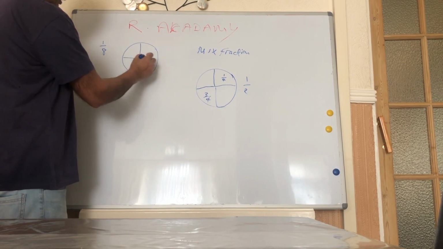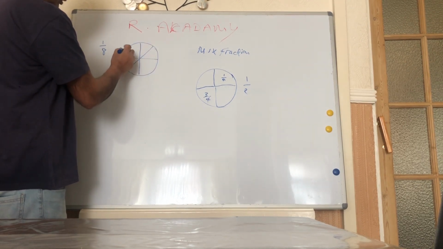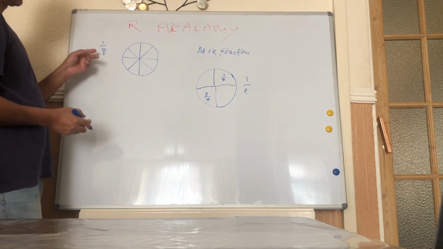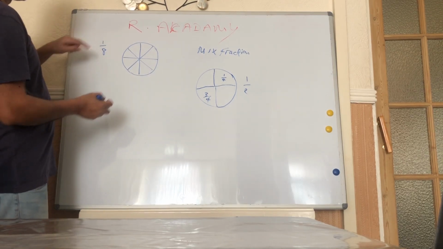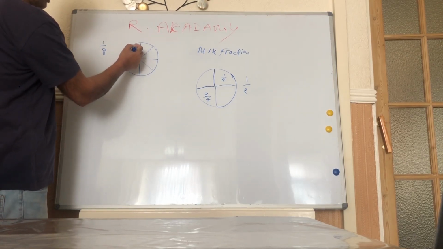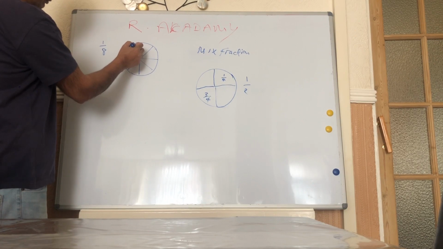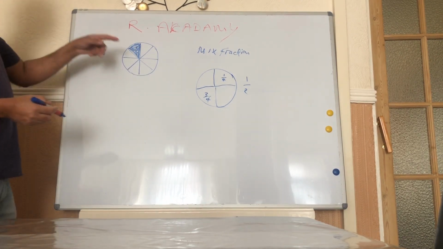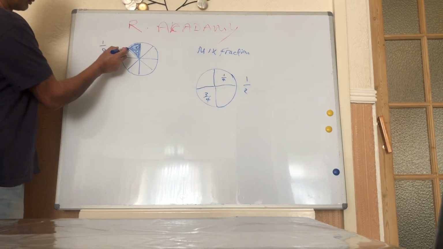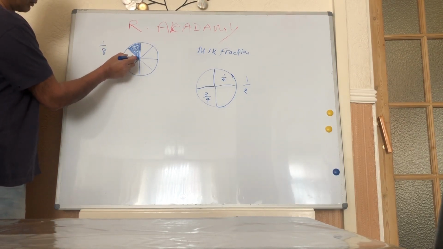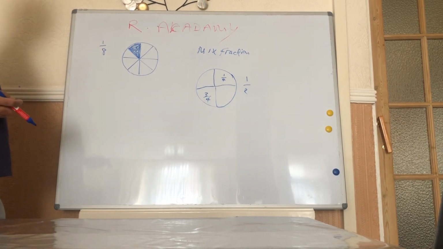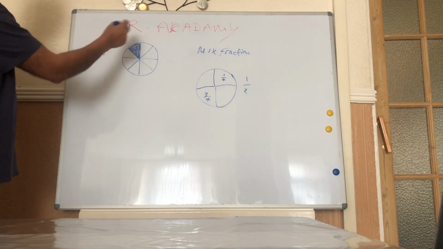So it basically means that you've got 8 slices. So 1/8 means 1 slice out of 8. Yeah? So if you shade that in, hope you can all see that, that would be 1/8. So 1 slice in every 8.